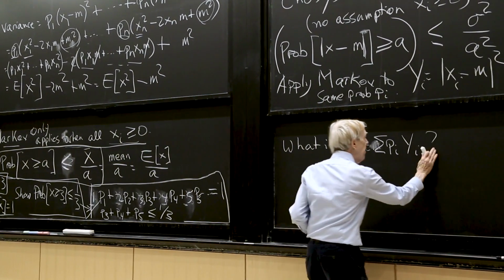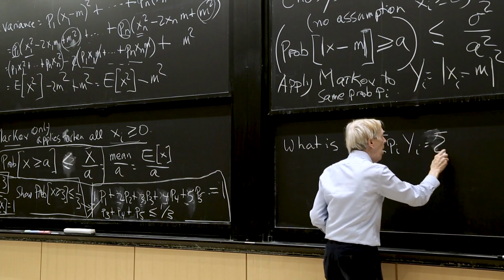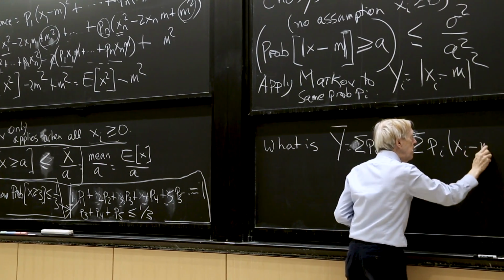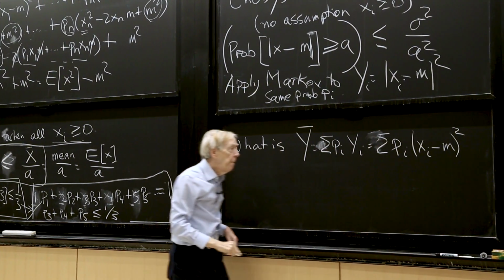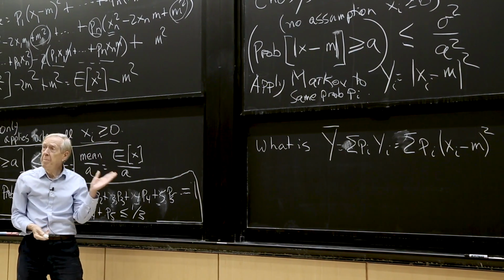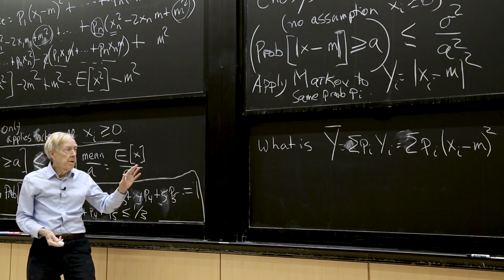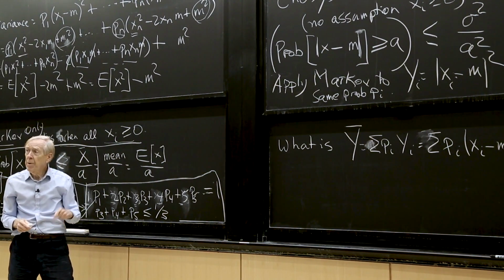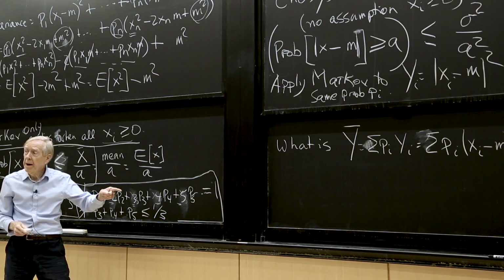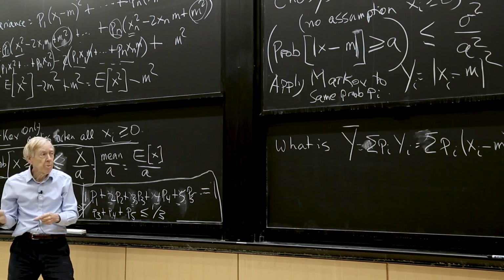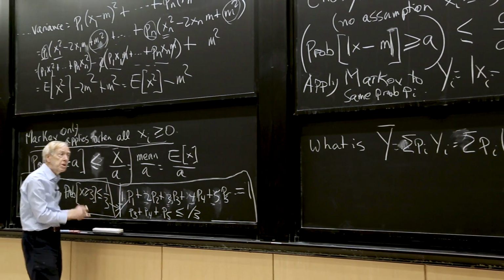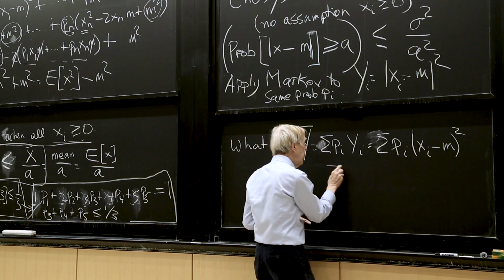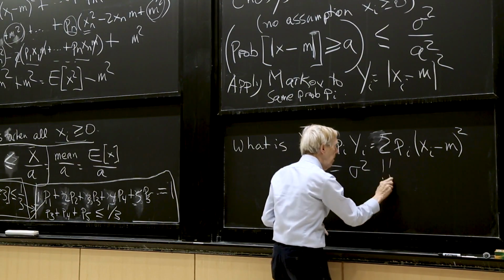This is the sum of probabilities, and my y's are the xi minus the mean squared. That quantity is sigma squared for the original x's. So that's great. The mean is the old sigma squared.